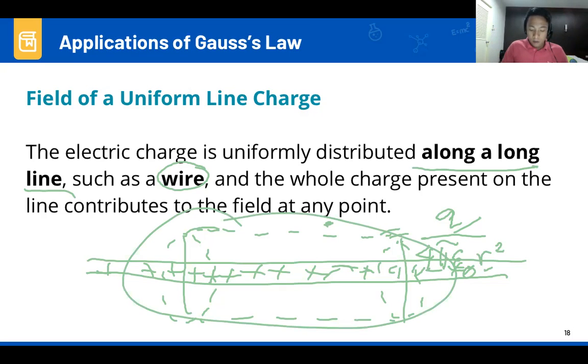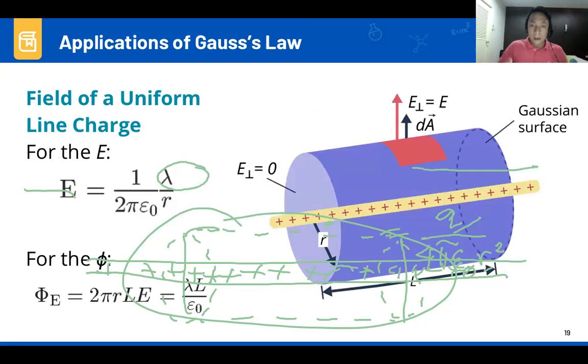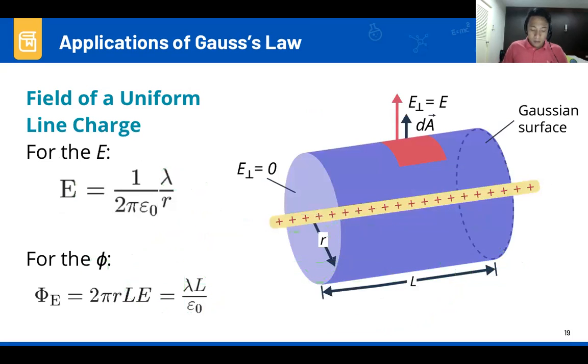The electric charge is uniformly distributed along a long line such as a wire, and the whole charge present on the line contributes to the field at any point. Okay, just like this. That's what I'm saying. So if the formula in the sphere, we will just divide both sides by the surface area formula of the sphere in our electric flux, Q over E0.